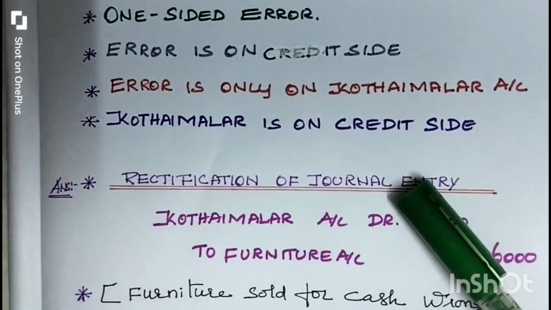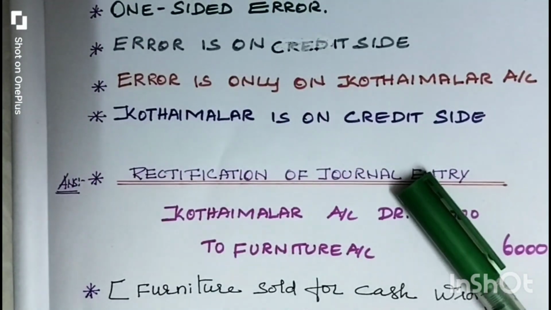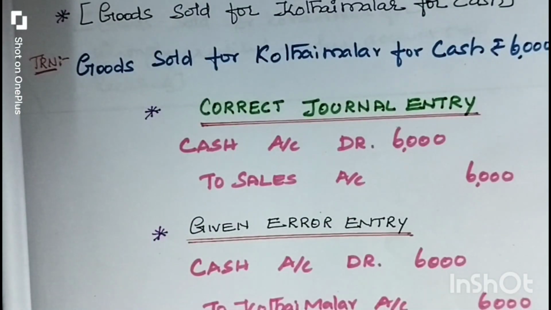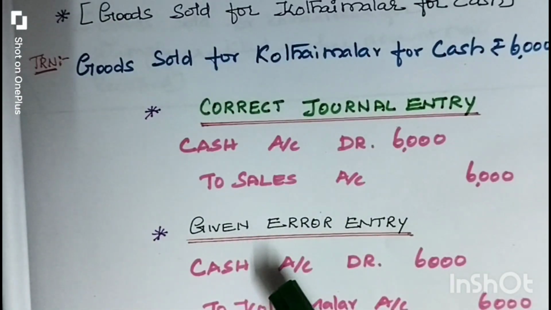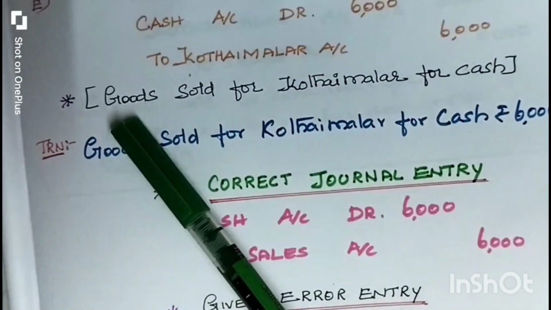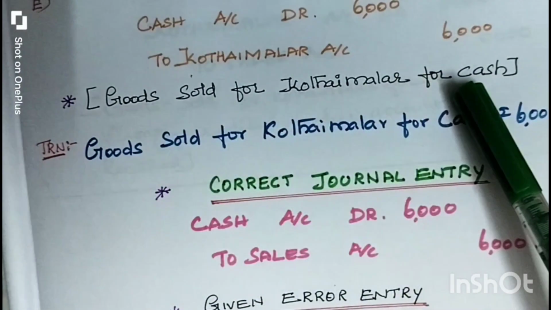Whenever we prepare the rectification of a journal entry, first we have to enter the correct account on the correct side. So listen here. What is the narration given here? Goods sold for Kodai Malar for cash.